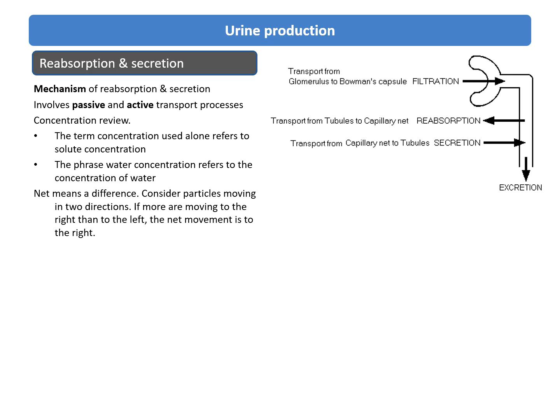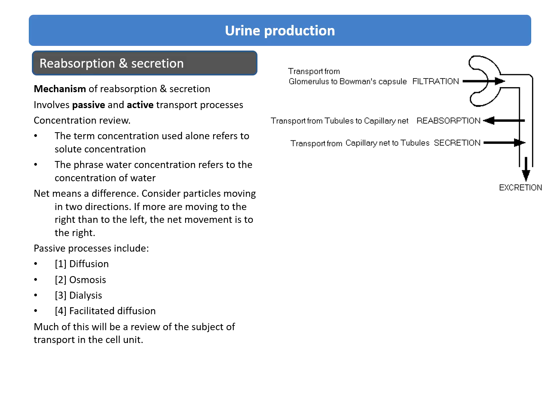Net means a difference. Consider particles moving in two directions. If more are moving to the right than to the left, the net movement is to the right. Passive processes, you may recall, include diffusion, osmosis, dialysis, and facilitated diffusion.